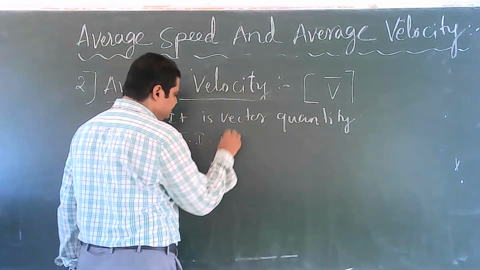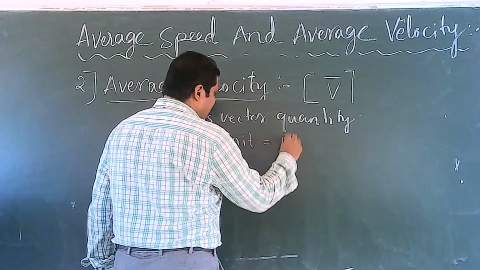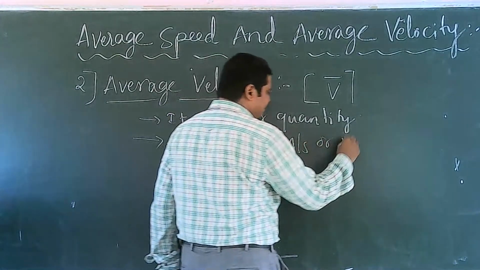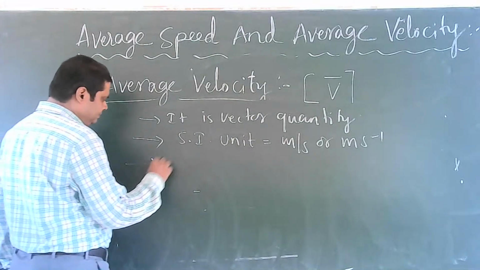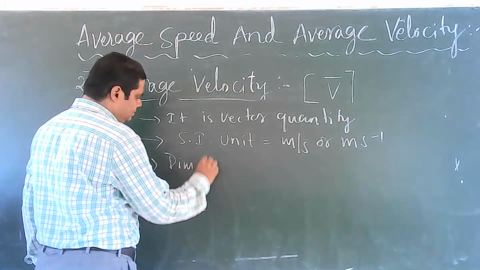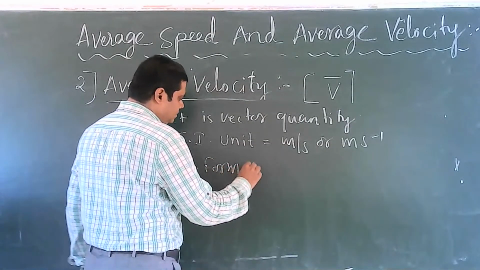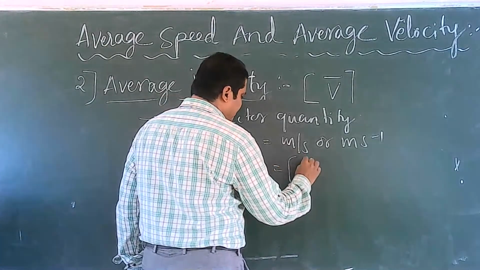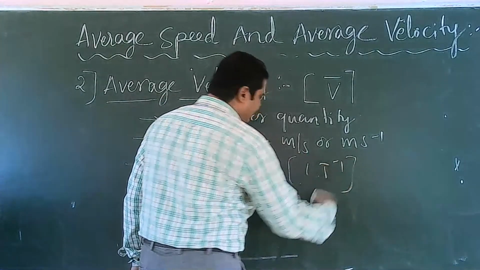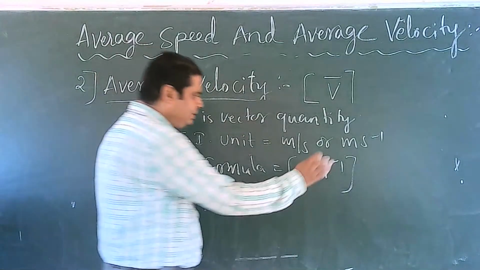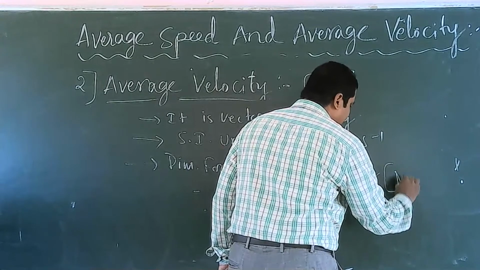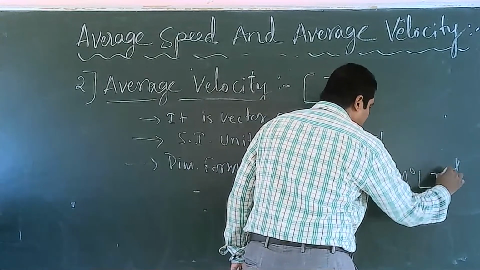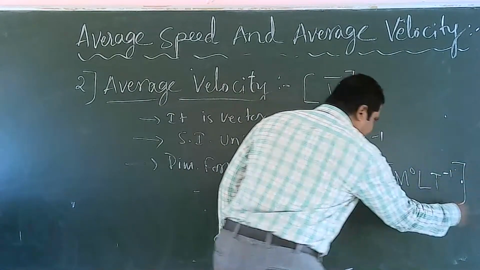The SI unit is meter per second. The dimensional formula is LT raised to minus 1, or M raised to 0, LT raised to minus 1.